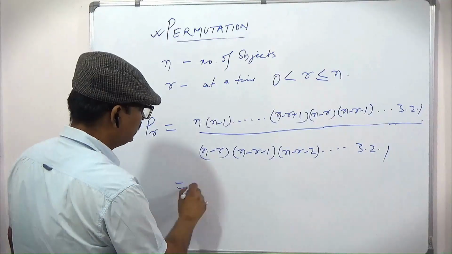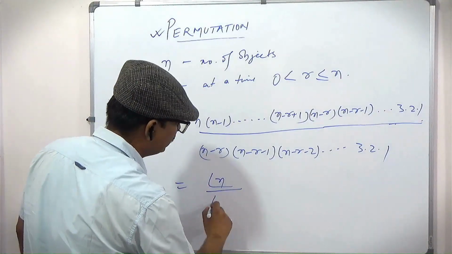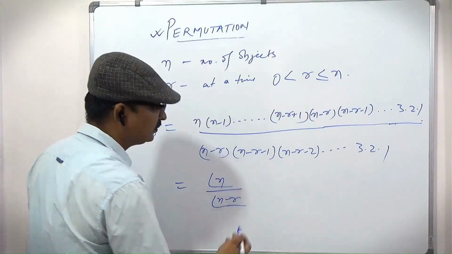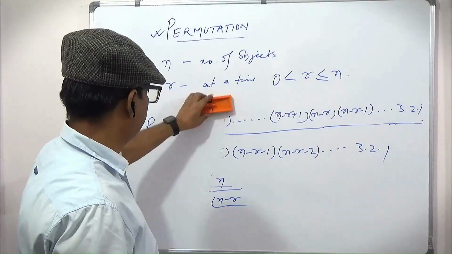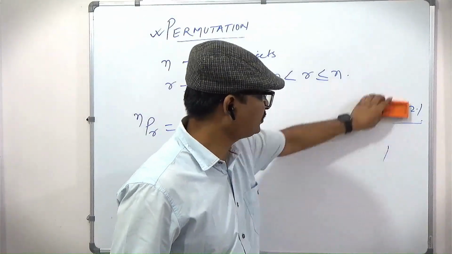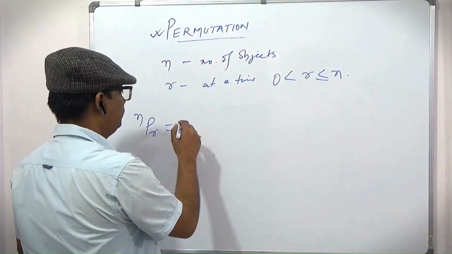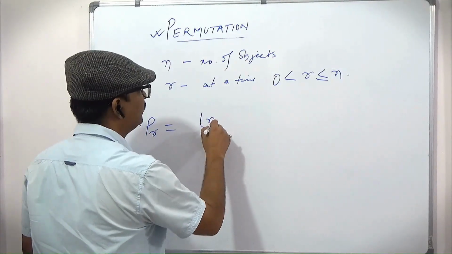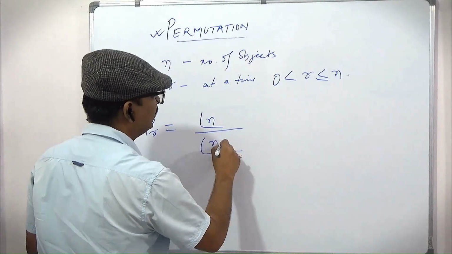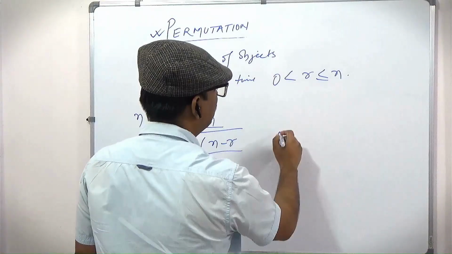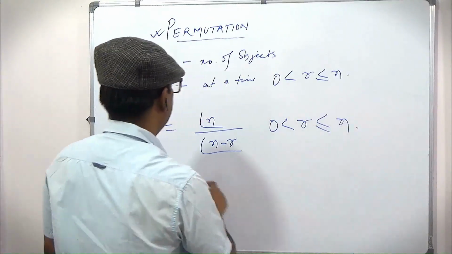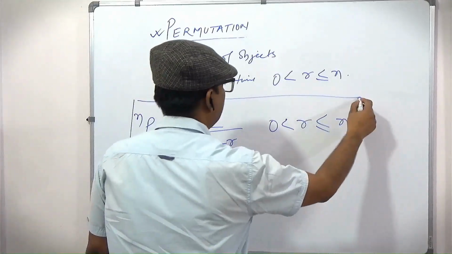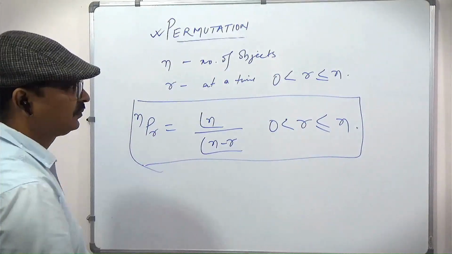So this is factorial n by factorial n minus r. So this is our formula. Let's write it properly. nPr becomes factorial of n by factorial of n minus r, where r is greater than 0 and less than or equal to n. This is our formula for nPr.